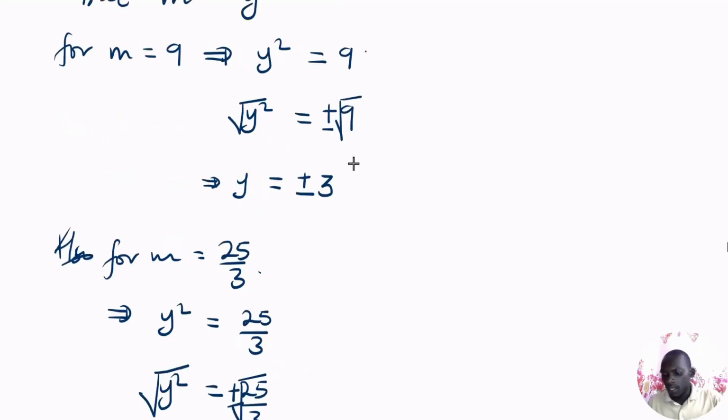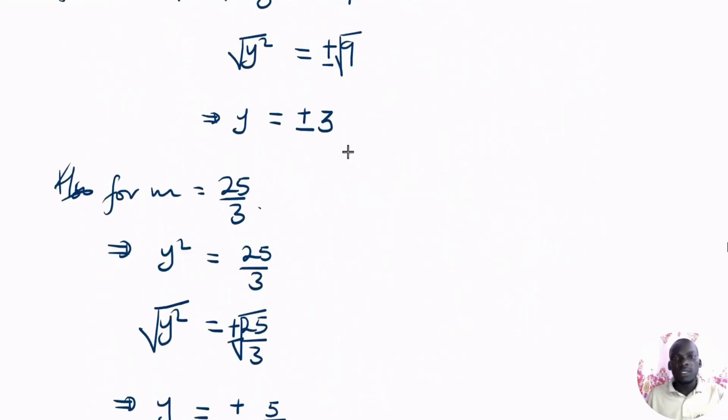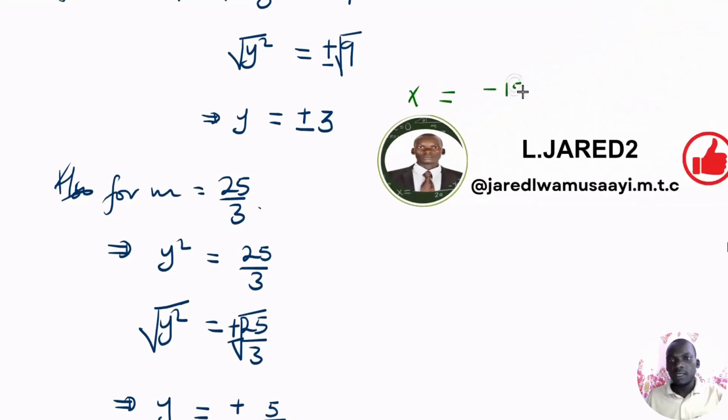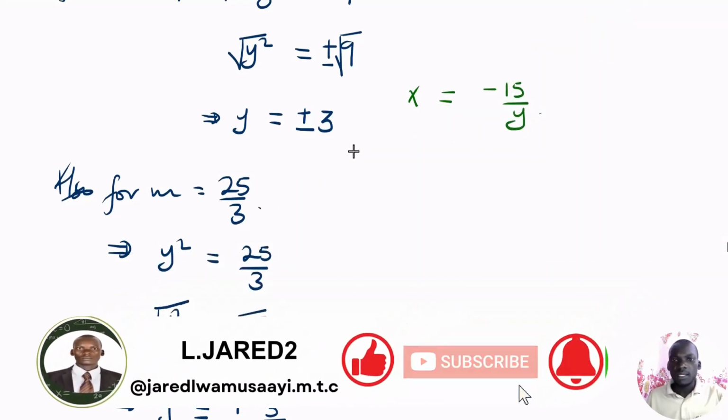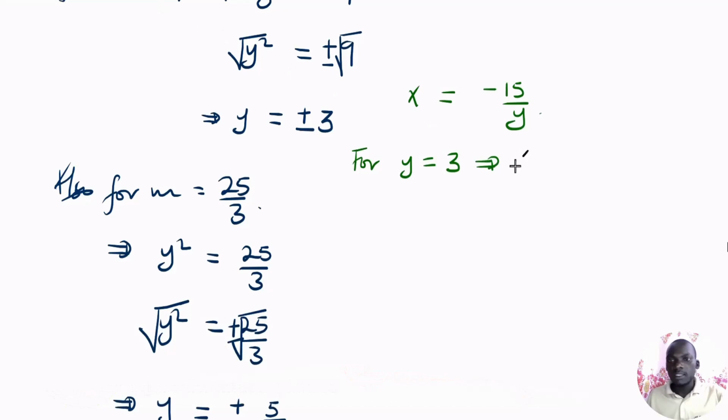From this step, we can get the corresponding values of x. We can see that from equation 2, x equals negative 15 divided by y. And you can see that for y equals a positive 3, it implies that our value of x is going to be equal to negative 15 divided by 3, implying that our value of x for this case would be negative 5.